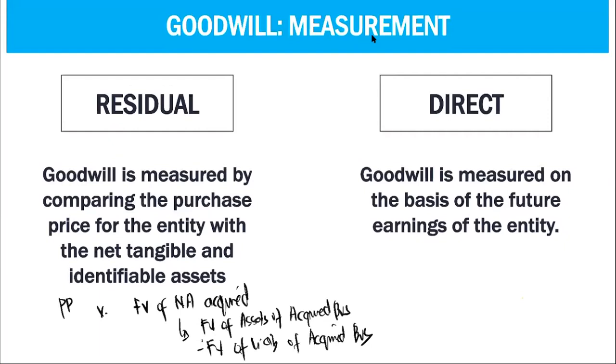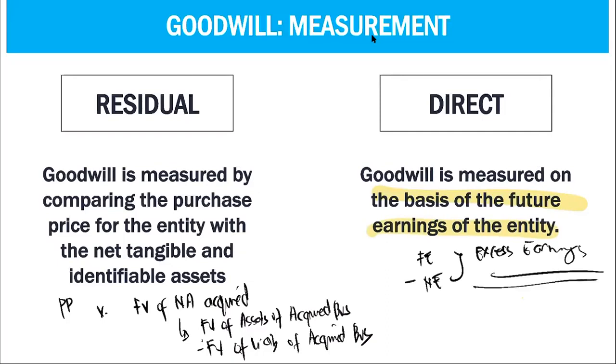And if it is direct, goodwill is measured on the basis of the future earnings of the entity. So when we talk future earnings, we get the future earnings less the normal earnings. We call this your excess earnings. So a while back, we already discussed what is excess earnings.